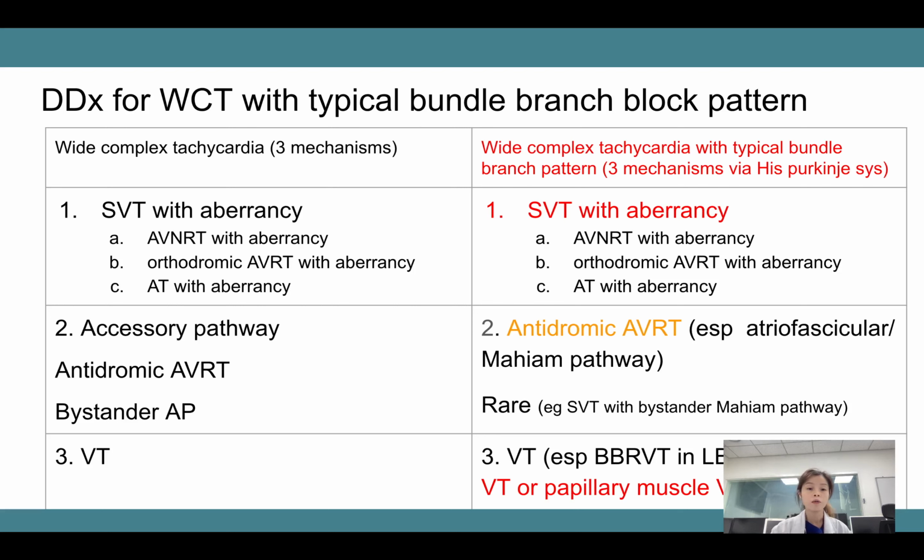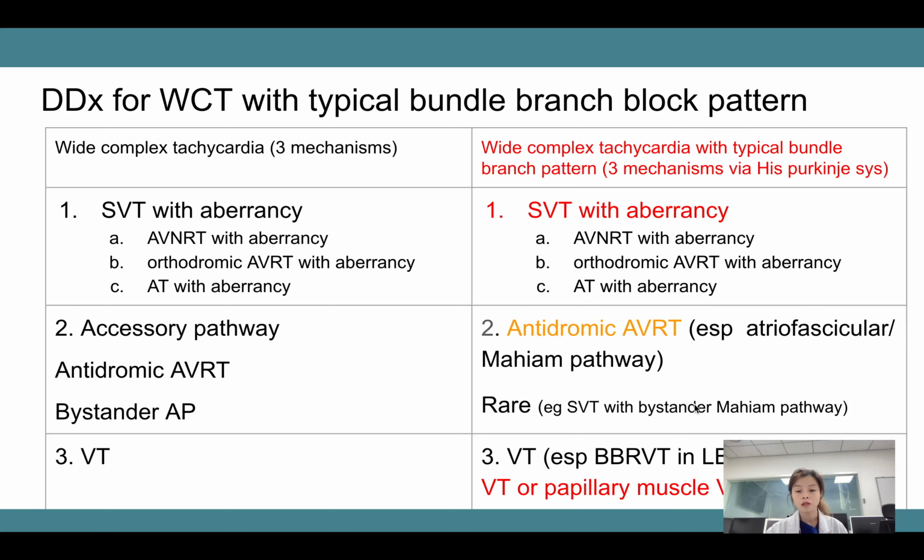So this is a very important table which shows the differential diagnosis of wide complex tachycardia by the three mechanisms, while the table on the right-hand side shows the specific differential diagnosis for patients with wide complex tachycardia together with a typical bundle branch morphology.